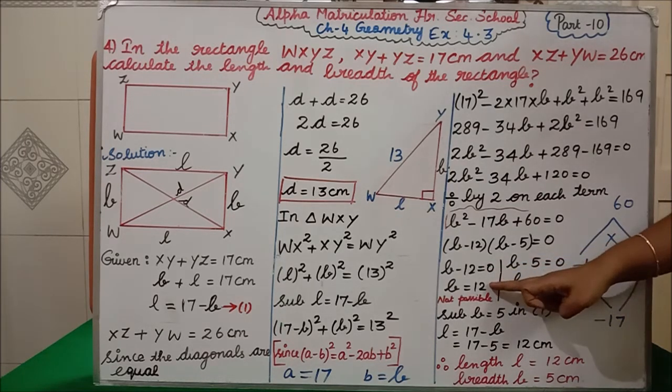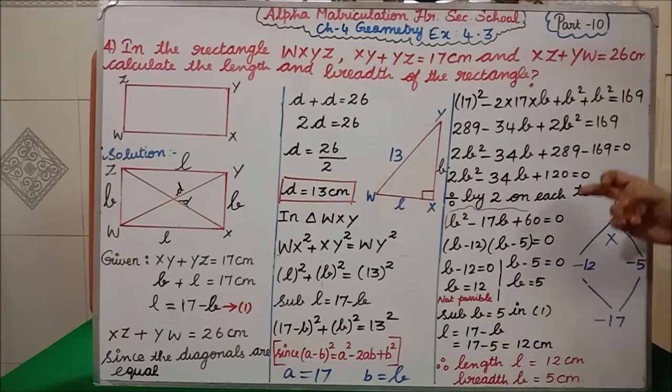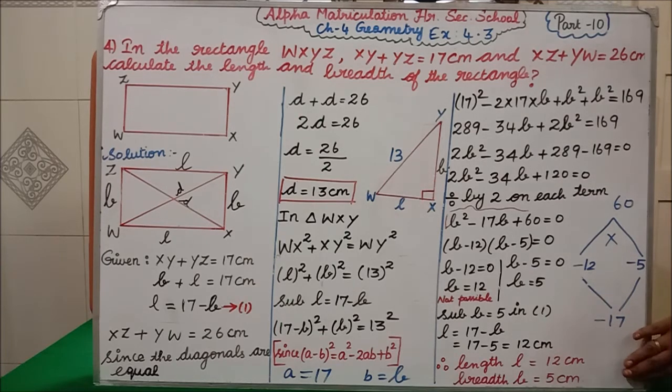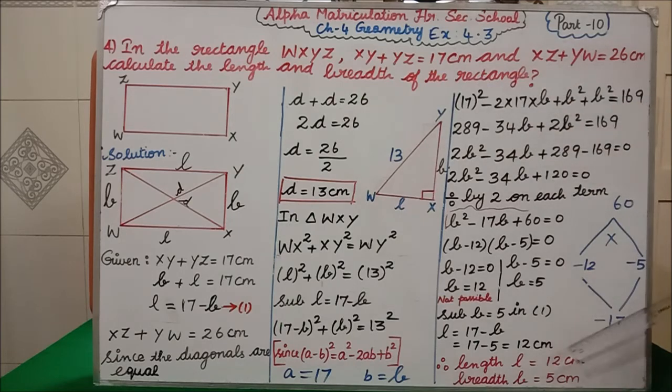Because then length will be small and breadth will be large. That is not possible. So we take the small value for breadth and get the bigger value for length. So we have found the length and breadth of the rectangle: length L equal to 12 centimeter, breadth B equal to 5 centimeter.